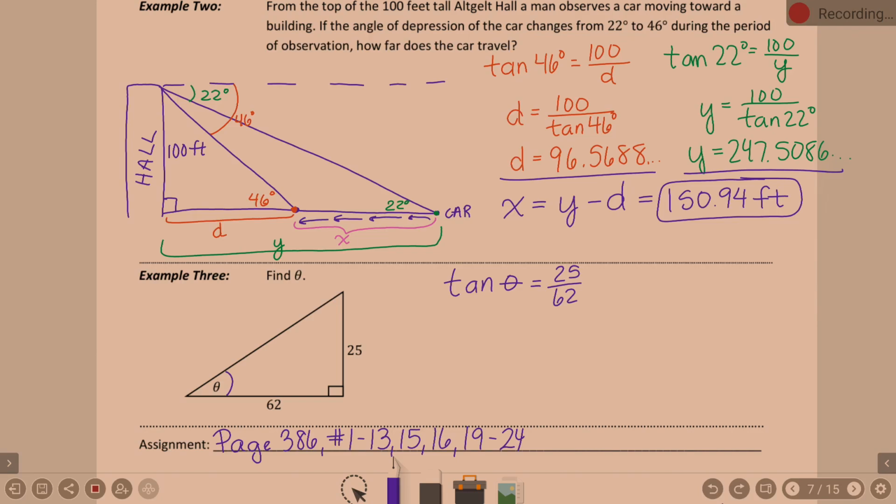Now, I know the output. I need to find the input. What allows me to switch the input and the output? Inverse. So what we can do to find this is switch your input and output. Now you're doing tan inverse of 25 over 62, and that will give you theta. So tan inverse allows you to switch input and output.